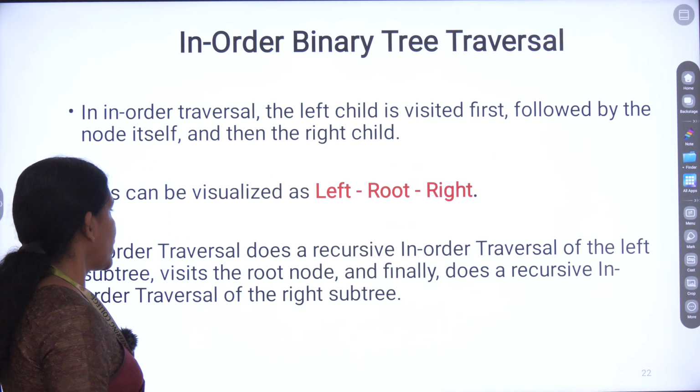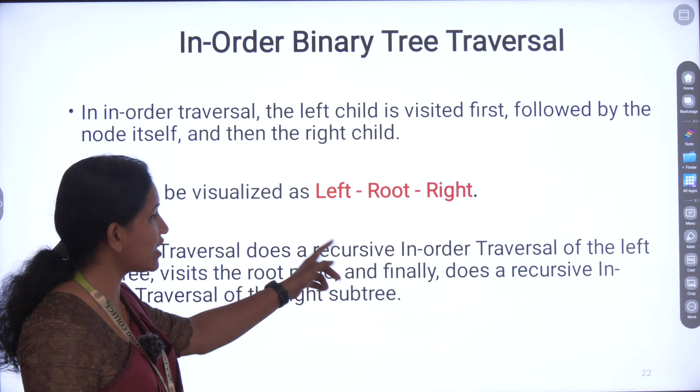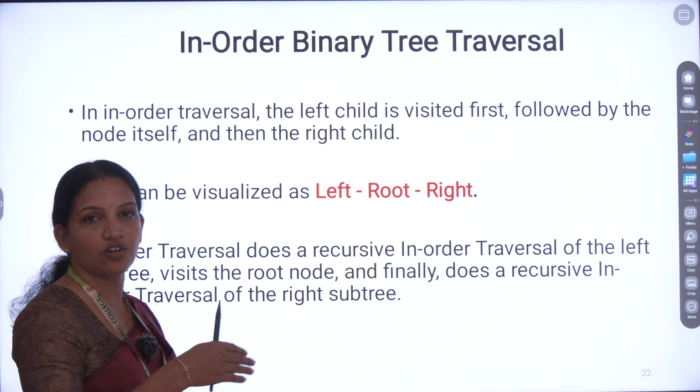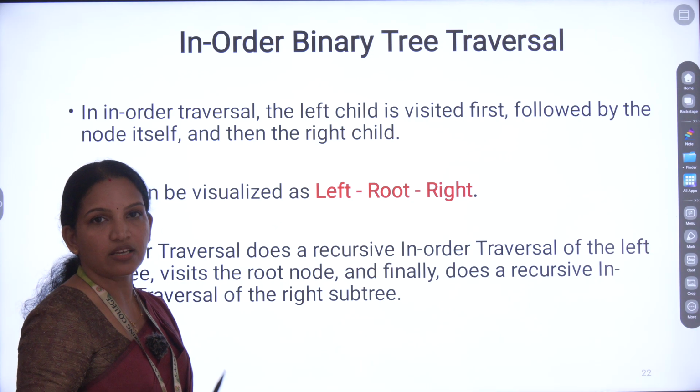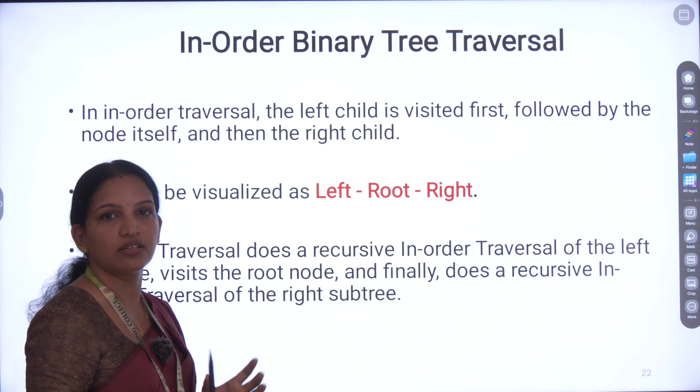So if you want to do in-order traversal of a tree, then first recursive in-order traversal of left subtree, then visit the root node, then recursive in-order traversal of the right subtree we will do. That will complete the in-order traversal of the tree.